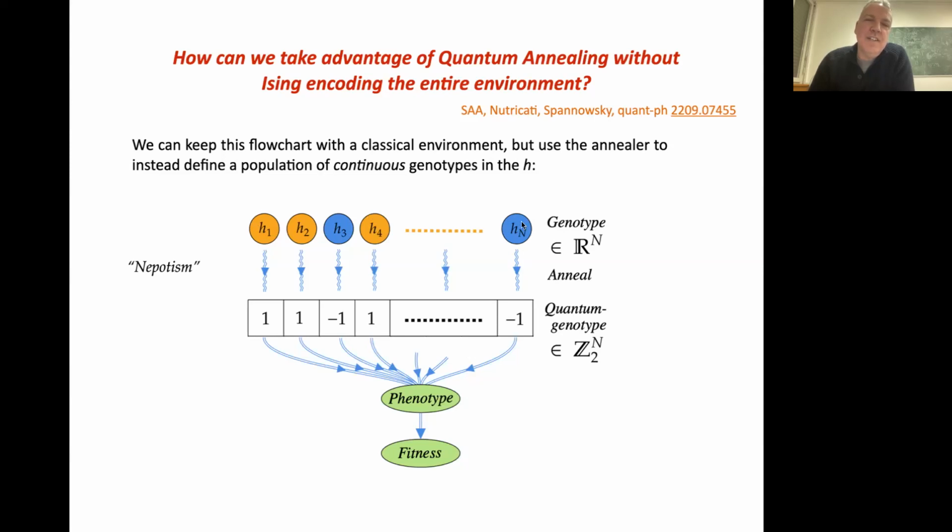It's got a continuous set of biasing couplings, of H couplings, which give rise to the discrete genotype. That's the thing that you're going to build your phenotype out of. What the creature gives rise to is the phenotype, and from that, you work out the fitness. So that's how we're going to encode our population.